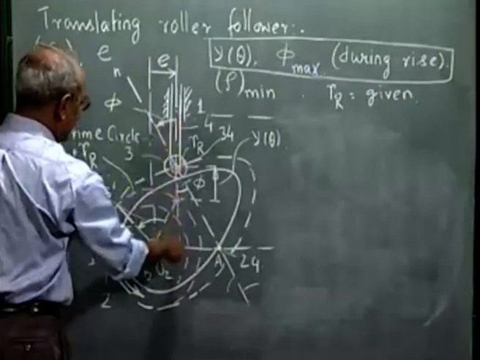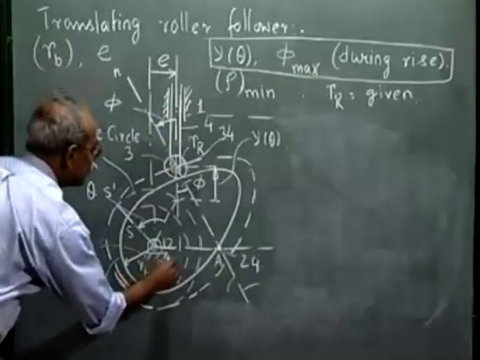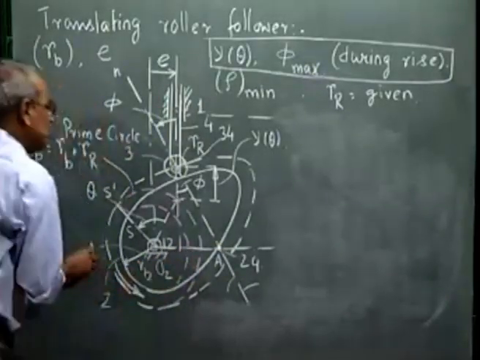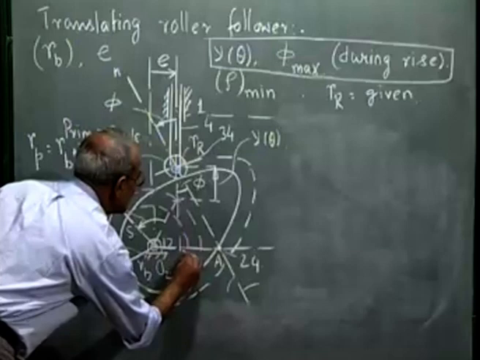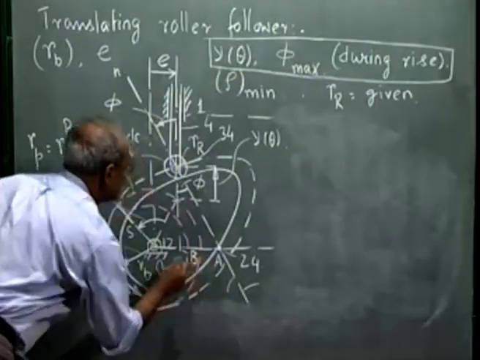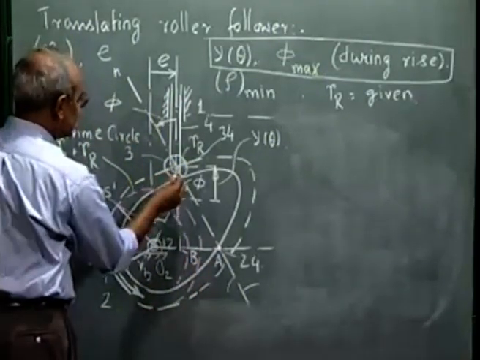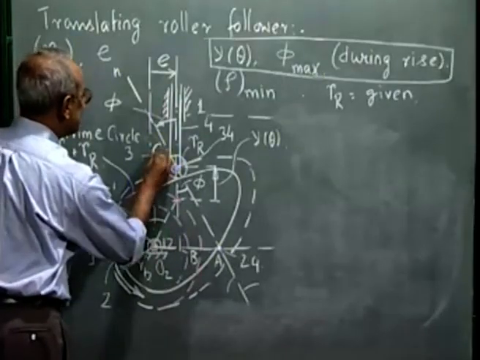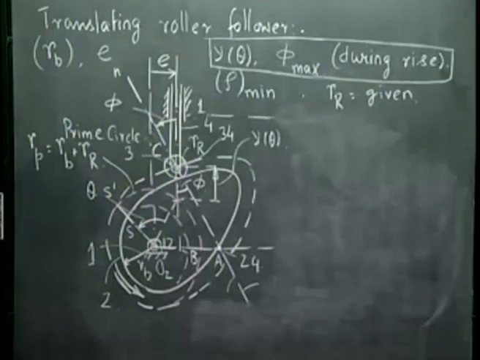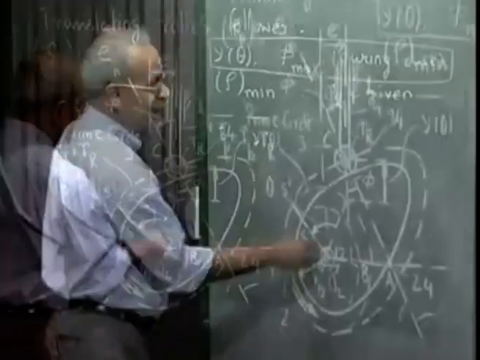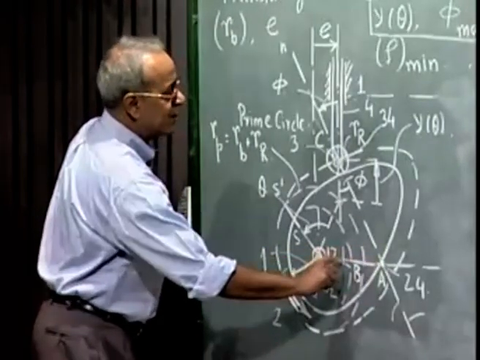Let this vertical line intersect this horizontal line through O2 at this point, which we call B. And this roller center, let me call it C. So what we see is that tan phi is AB divided by BC.